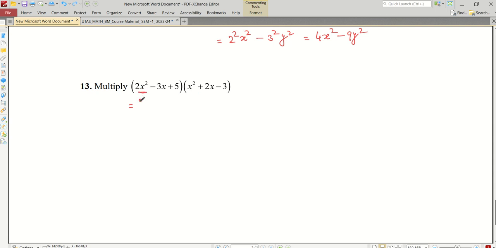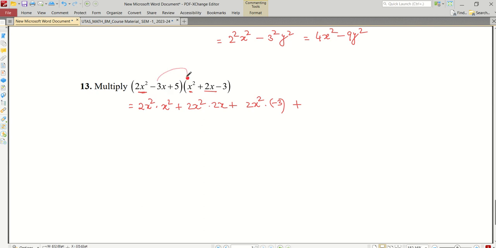So first we are multiplying with 2x. 2x power 2 multiply x power 2, plus 2x square into 2x, plus 2x square into minus 3. This is the first one. Now try with the second one. Now we will multiply minus 3.